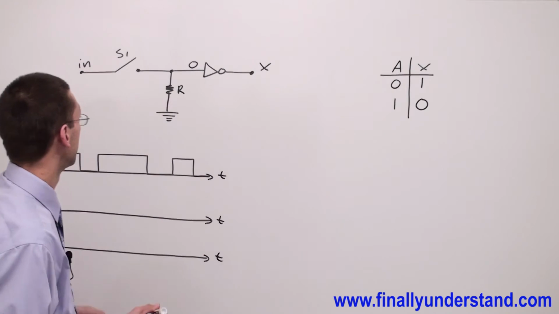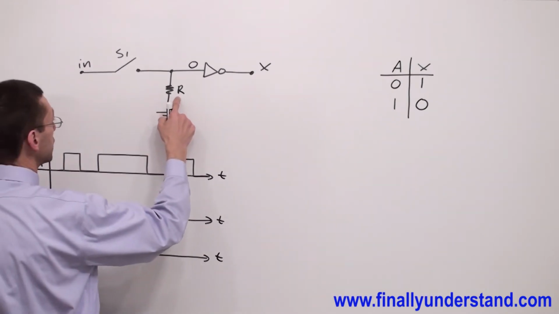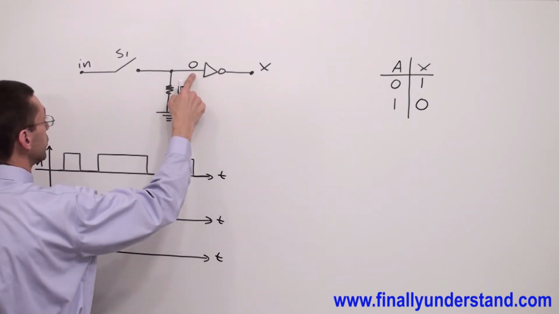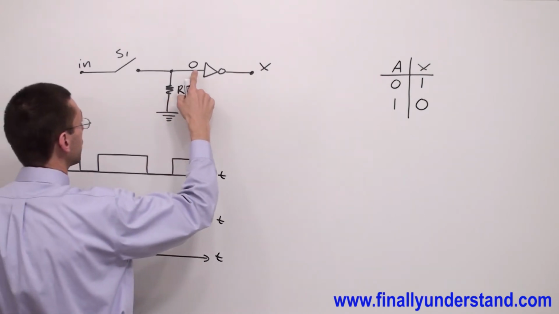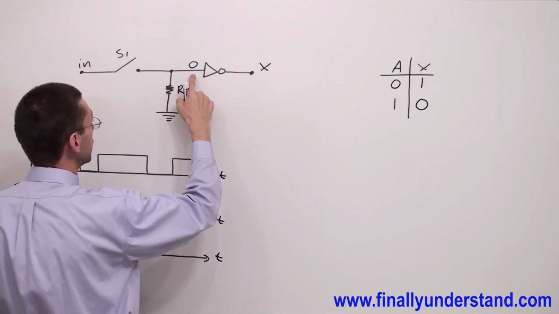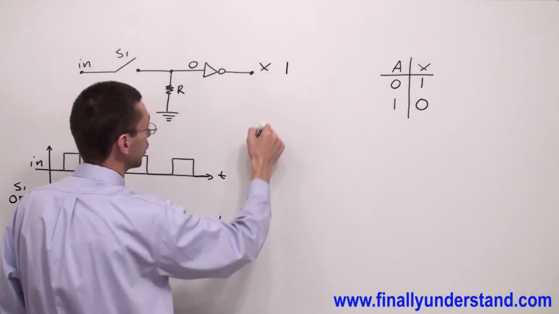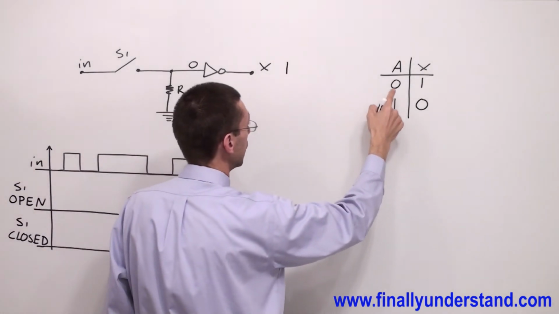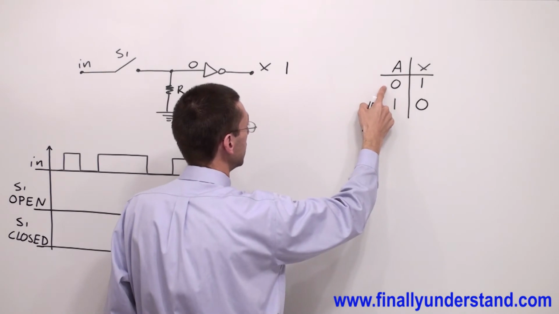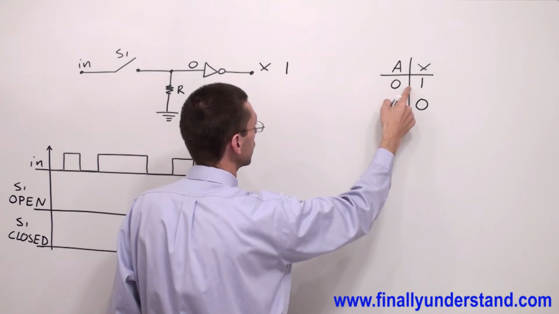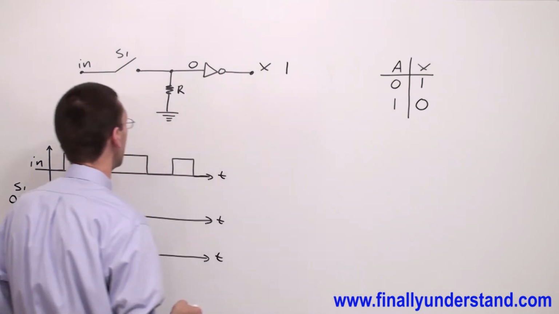Okay, so because I have a pull-down resistor, I have 0 at the input. Now, if I have 0 at the input, the output is going to be 1, according to the truth table. When I have 0 at the input, I have the complement of 0 at the output, which is simply 1.